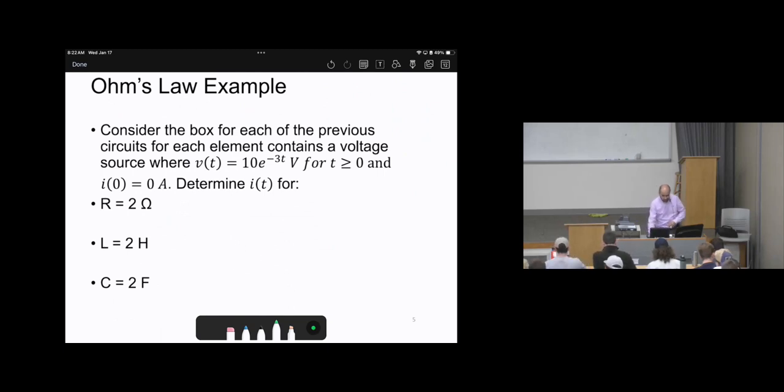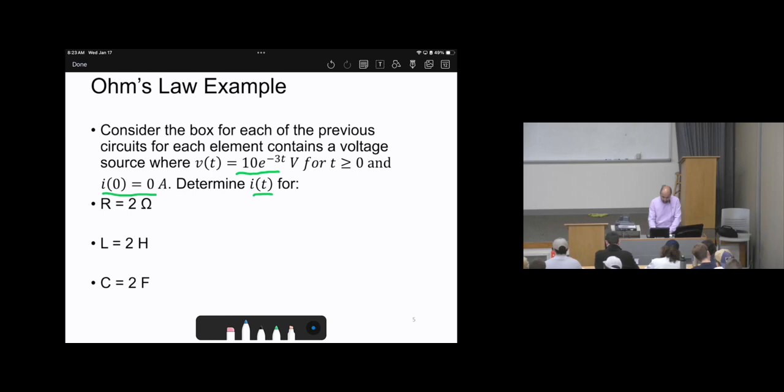Consider the box of each of the previous examples, where we need to apply the voltage and current relationship. So we have the voltage as 10 e power negative 3t. The initial condition I of 0 equals 0. Then we need to determine the currents. Okay, so for the first example, we need to calculate the current.